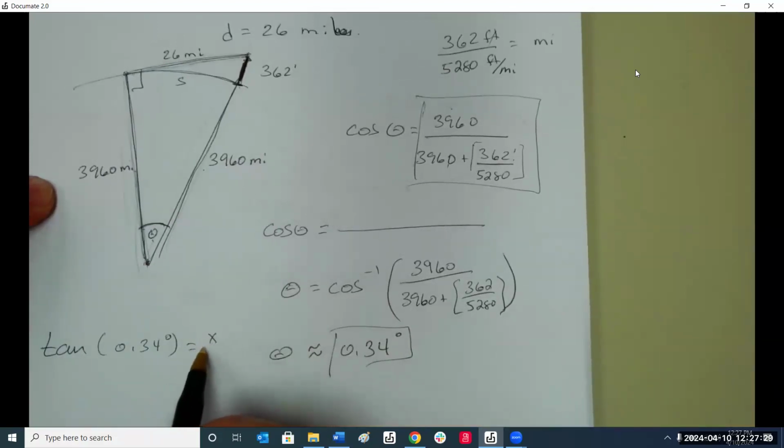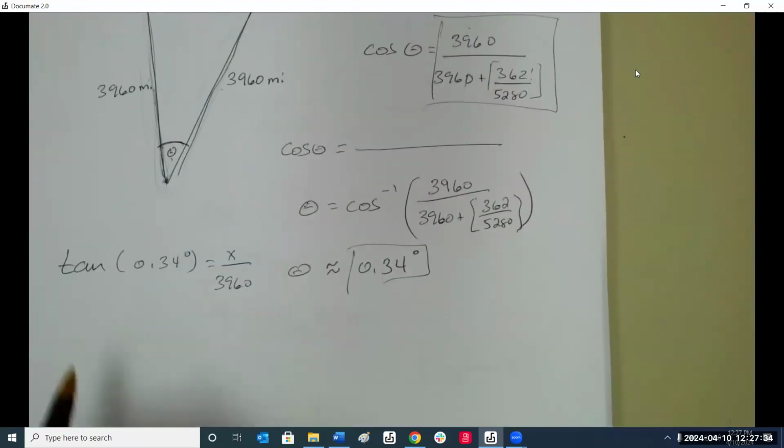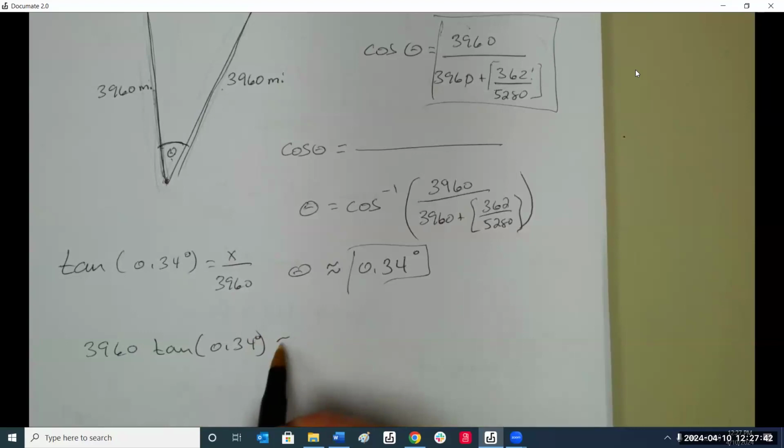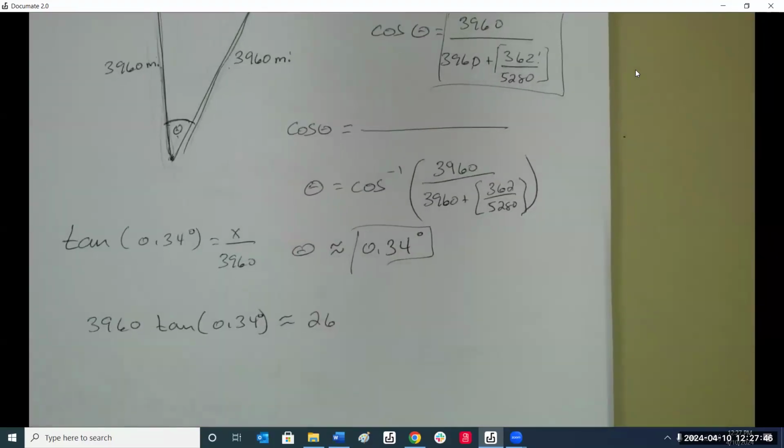So it's the x which we're looking for over 3960. So 3960 times the tangent of 0.34. Hopefully it comes close to 26. Because all our units are in miles. 23.5.